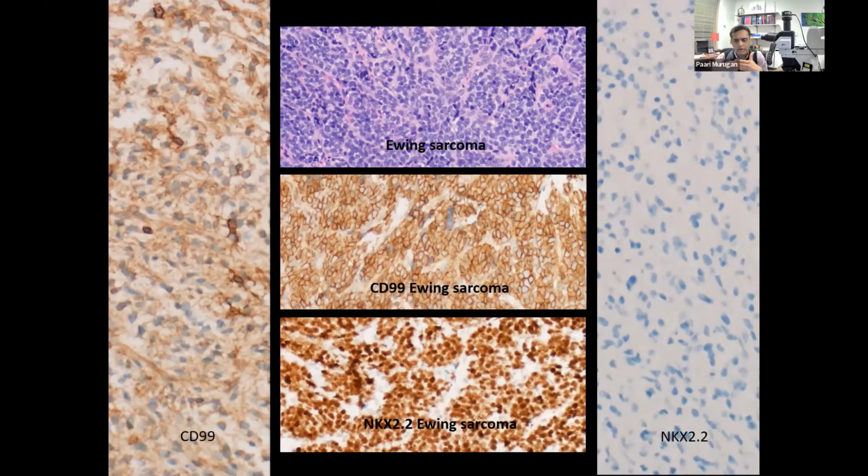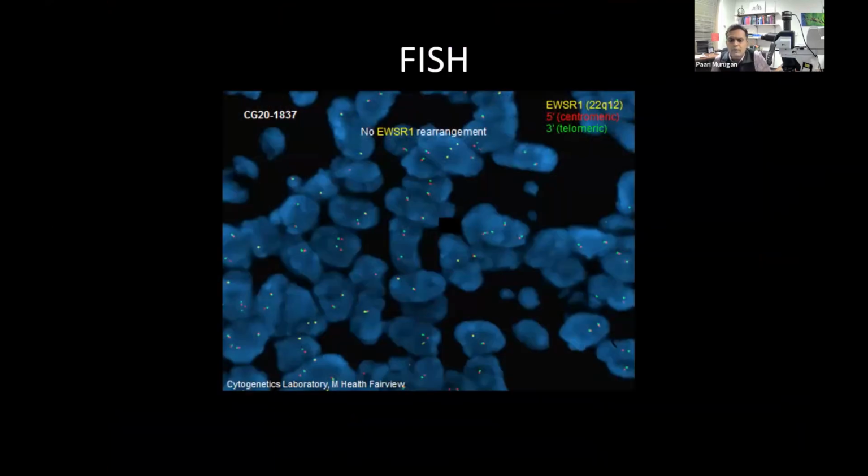And since our primary differential diagnosis included Ewing's and extraskeletal myxoid chondrosarcoma, FISH test is a really good approach, next step, to see what the diagnosis could be, to either confirm or to exclude the differentials that we have in mind.